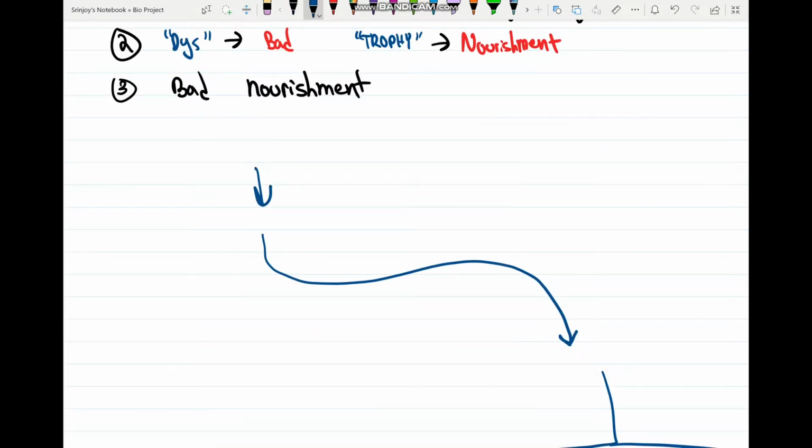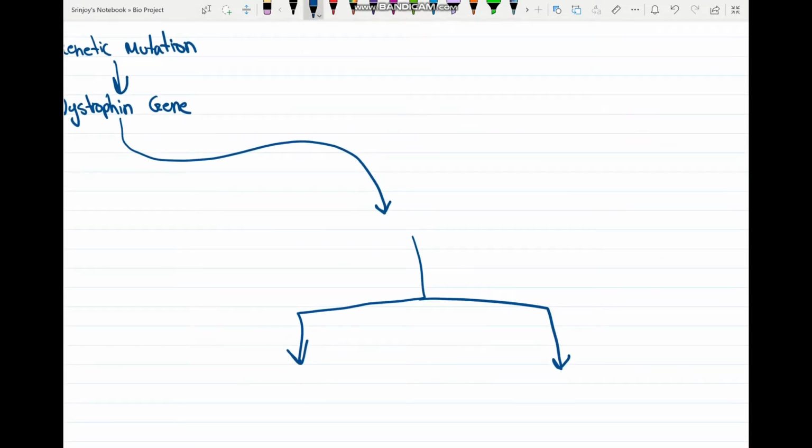And so now we can create a concept map for what happens. There is a genetic mutation, and this genetic mutation happens in the dystrophin gene, also known as the DMD gene. As it is a group of disorders, the most common one in the group of muscular dystrophies is dystrophinopathies.